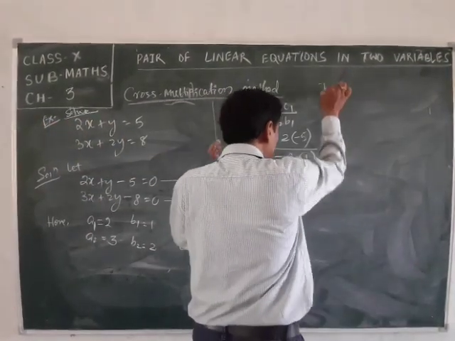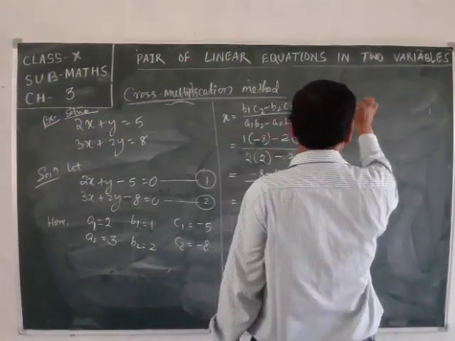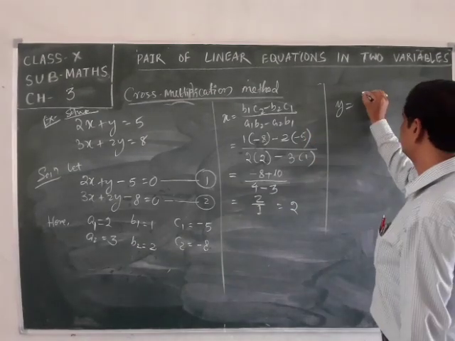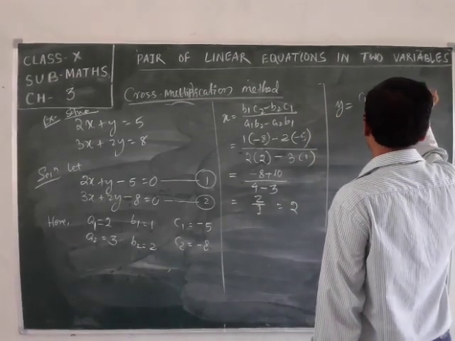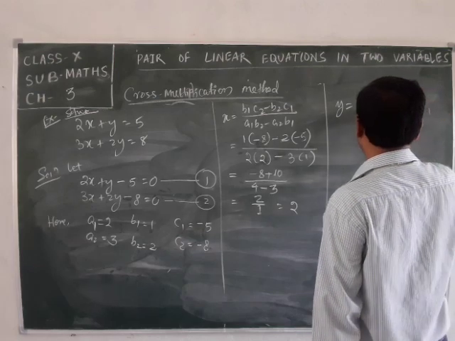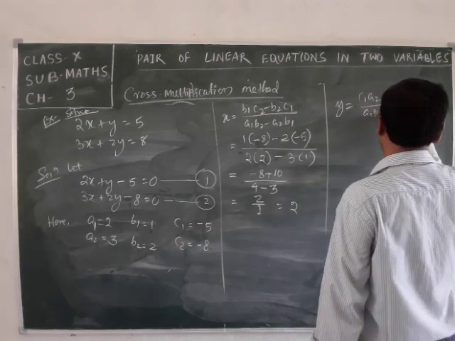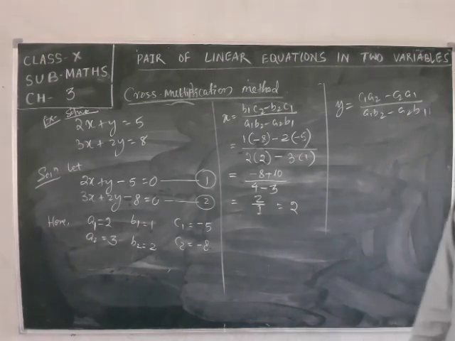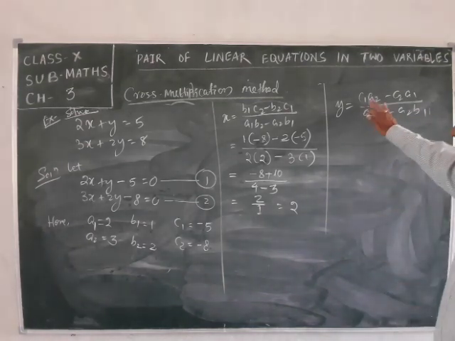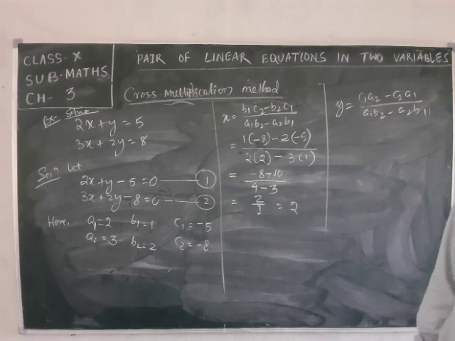Next, we have to find the value of y. y is (c1 a2 − c2 a1)/(a1 b2 − a2 b1). Here we have to put in the values of c1, a1, c2 and a2.